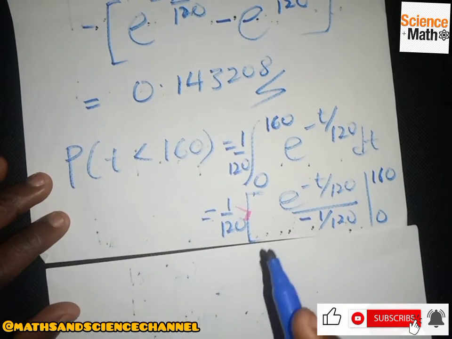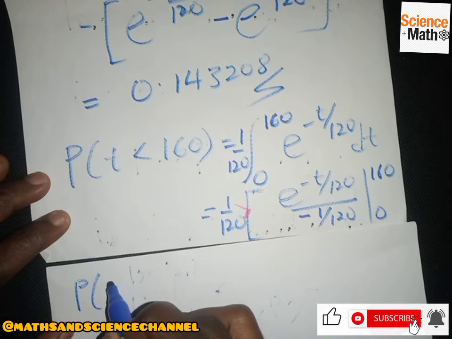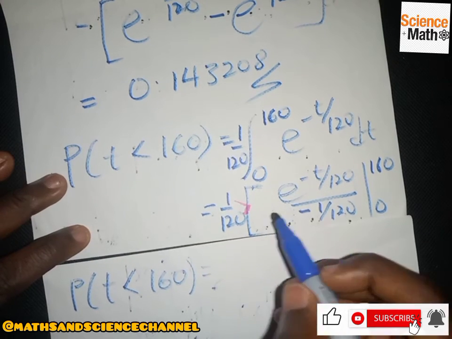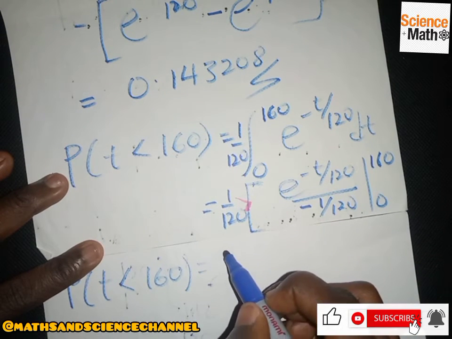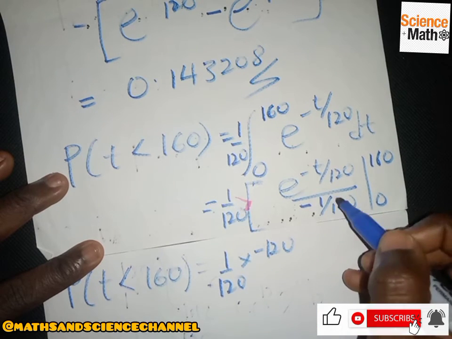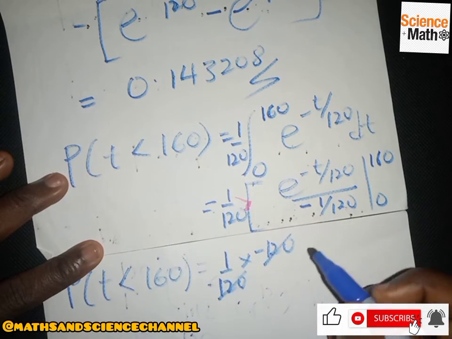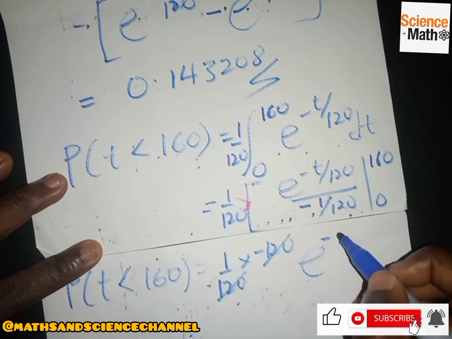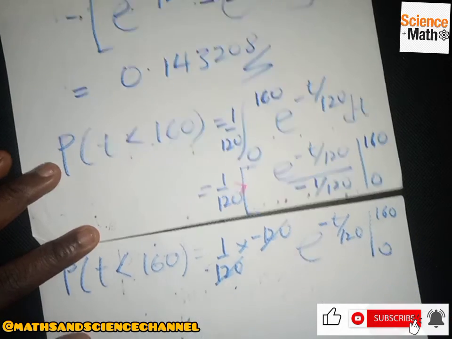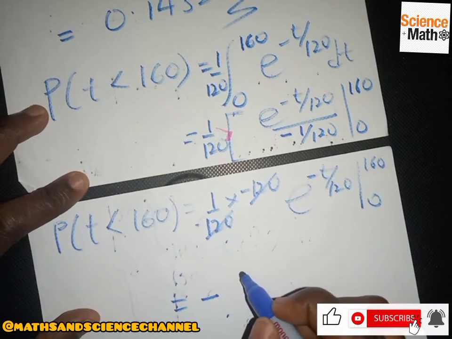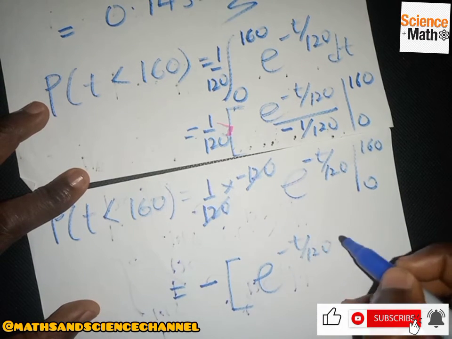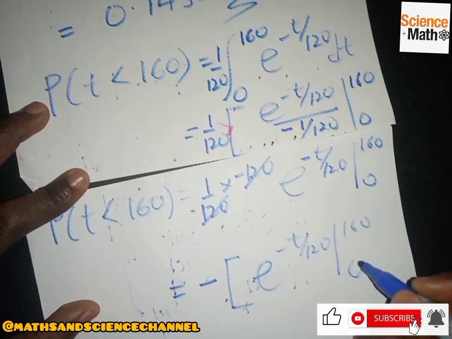So from here we have the probability that t is less than 160 being equal to 120 multiplied by negative 120, because this 120 moves to the top and they cancel out. So what you are left with is e to the power minus t over 120, from 160 to 0. So we are left with negative outside, and then e to the power minus t over 120 from 160 to 0.